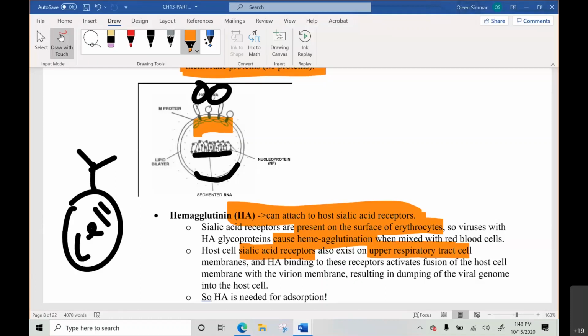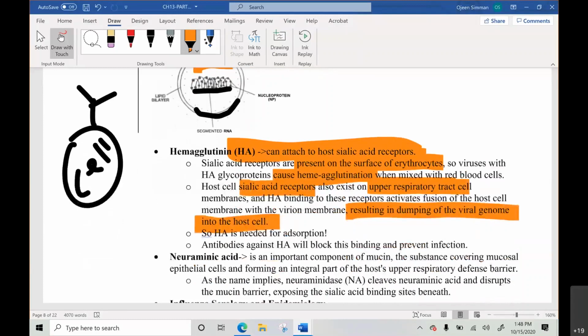The hemagglutinin binds to these cells, activating fusion of our plasma membrane with the influenza virus envelope, which then results in the release. You remember the release stage of viral infections? It releases the virus into our cells. So hemagglutinin is needed for the first step of the viral cycle, which is adsorption or attachment.